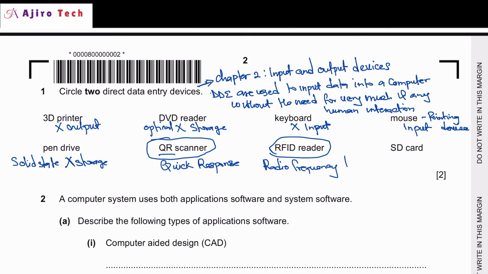The ID means identification. Please take note. Identification. SD card, no. This is what? Storage. What kind of storage? Memory card. Can you see that? So we have done with that. That's how we answer the question.